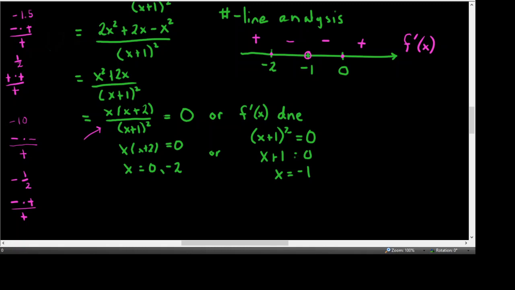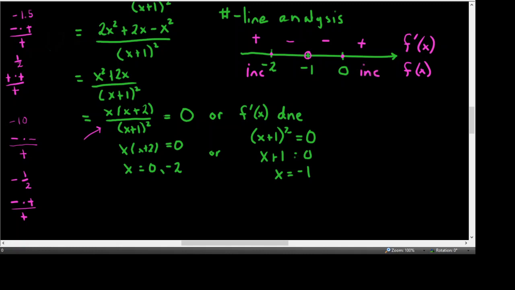Then below that number line, where we've indicated what sign the first derivative has, I'm going to label the bottom of that with f of x, and talk about what kind of behavior a first derivative value that's positive indicates about the function's behavior. And so when the first derivative is positive, the function is increasing.